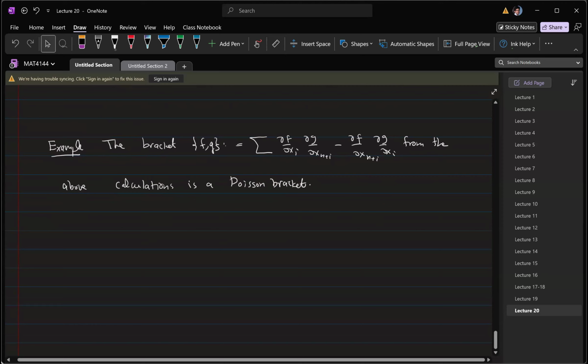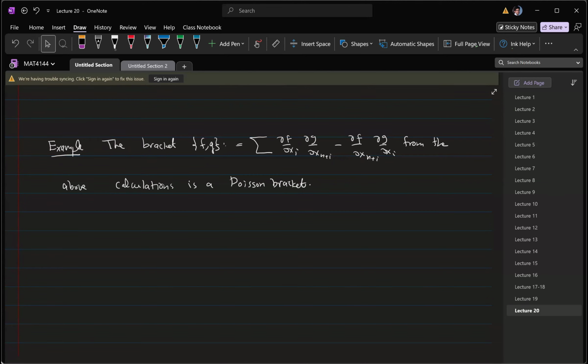Now, given two Poisson brackets on two different domains, you can get a new Poisson bracket on the Cartesian product. That's really not difficult. It's just some standard construction. So here's another example.